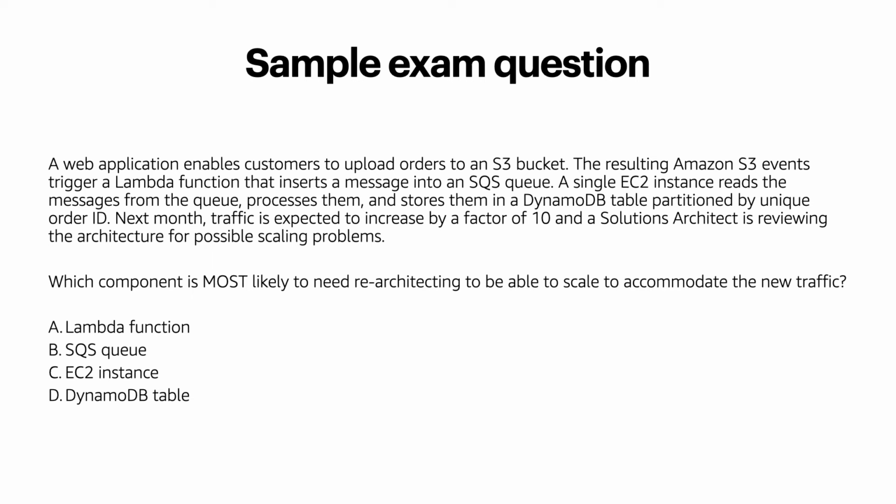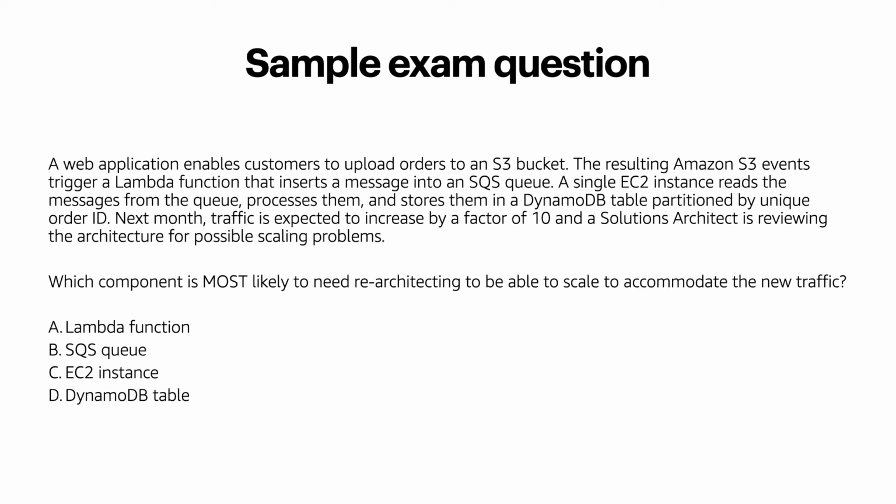Next month, traffic is expected to increase by a factor of 10, and a solutions architect is reviewing the architecture for possible scaling problems. Which component is most likely to need re-architecting to be able to scale to accommodate the new traffic? Now, as we know, Lambda function is a managed service.